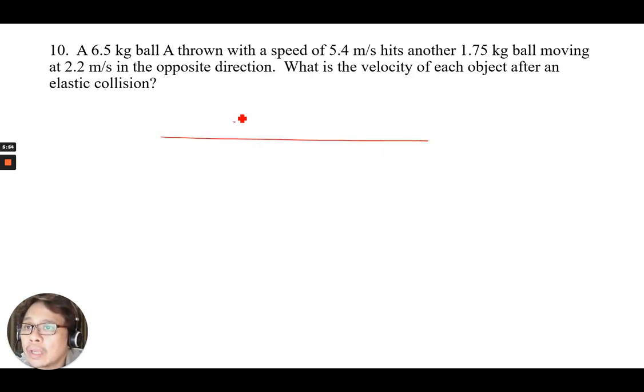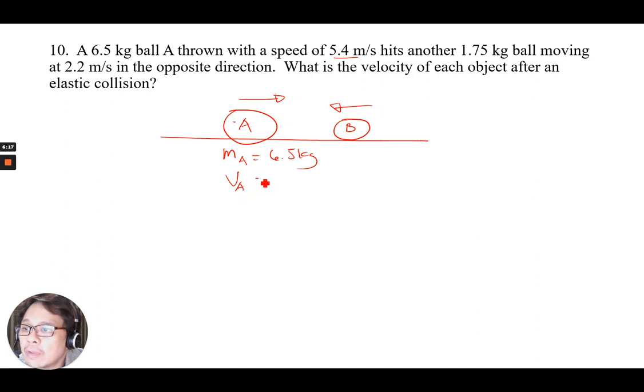There is a ball A which is bigger in size, heading to the right because this is positive, and there is ball B. It says here opposite direction. So we have MA, the mass of A is 6.5 kilograms. The velocity of A is positive 5.4 meters per second.